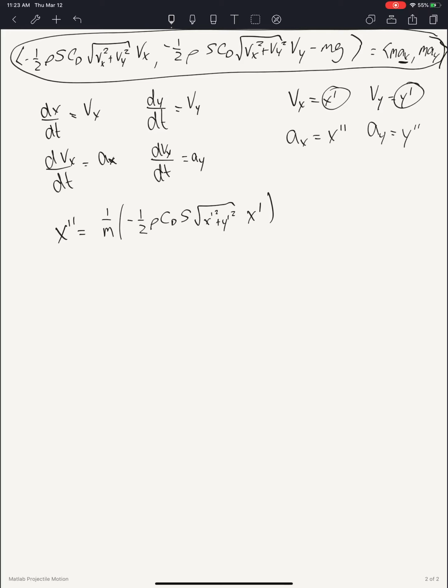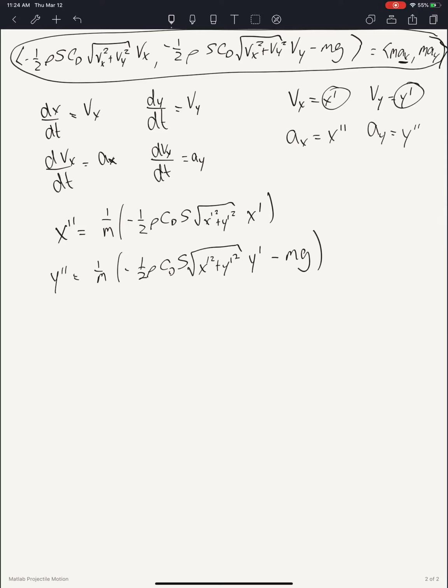That's it. And y double prime is equal to 1 over m times minus 1/2 rho c d s square root of x prime squared plus y prime squared times y prime. Oops, missed one thing: minus mg.